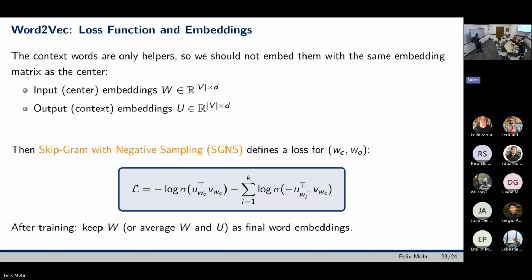Now, this UWO is the embedded context word, and this is the embedded center word. So I take the dot product of the embedded center word and the embedded context word. Should it be a big value or a small value? Should they be similar or not? Yeah, they should be similar because context and center word should be recognized as something similar. Okay, so we put this here.